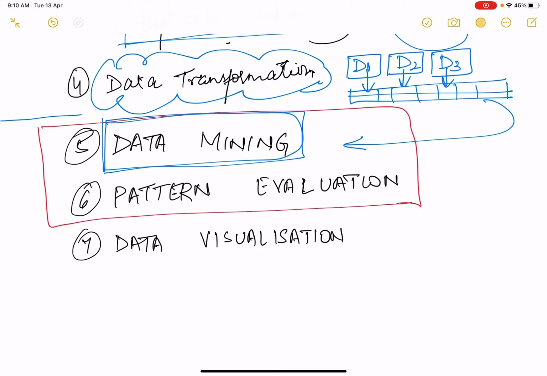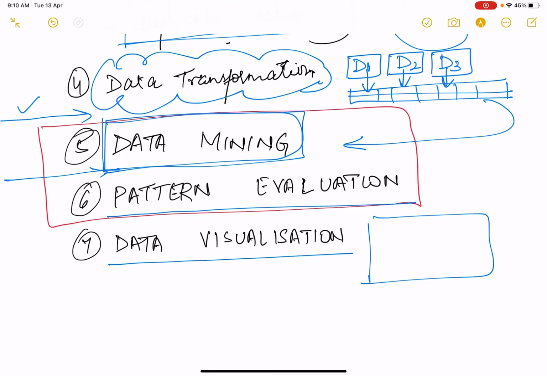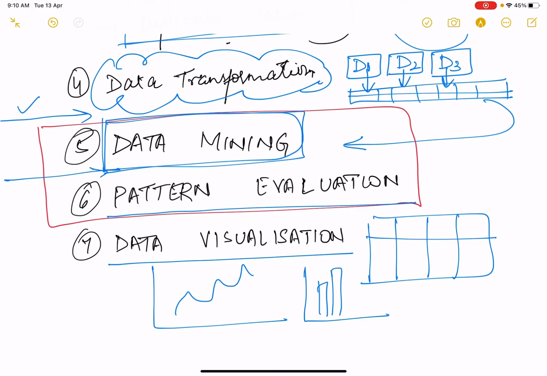The earlier part was the pre-phase, and then after mining the data, we will be analyzing some patterns, and then we will be giving it as a visualization. We will be presenting it in the form of some graphs, in the form of some bar charts, or in the form of something which can be analyzed at a later stage so that actionable insights can be taken.